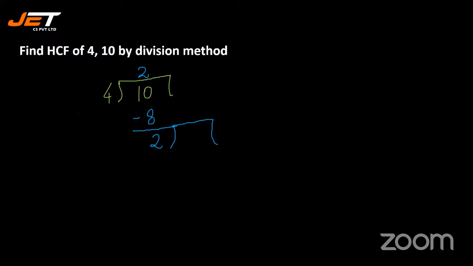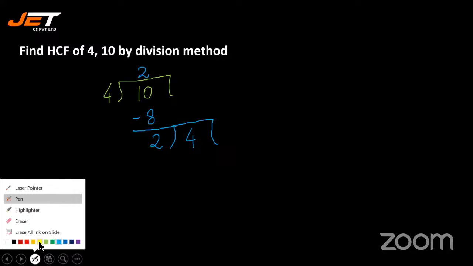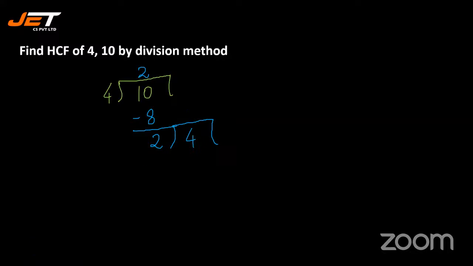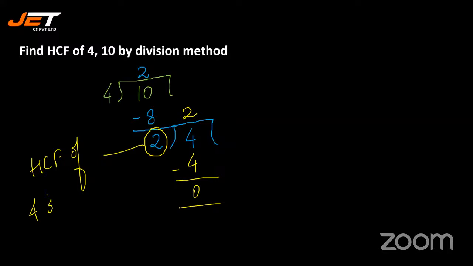And this divisor 4 will be treated as a dividend. Now, let's see. 2 times 2 is 4. And we stop here because we got 0. Our highest common factor of 4 and 10 is 2.